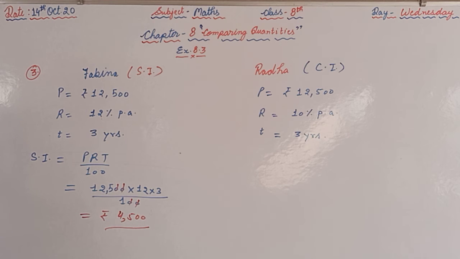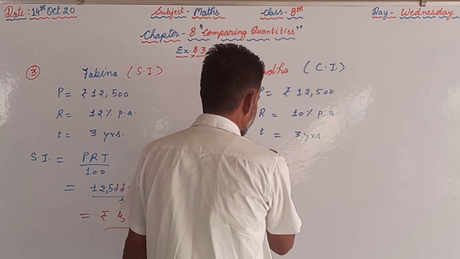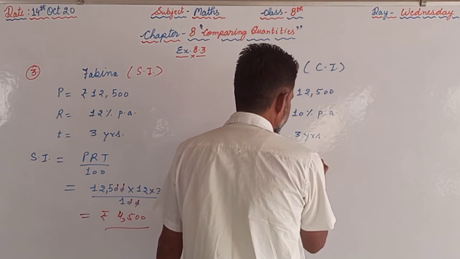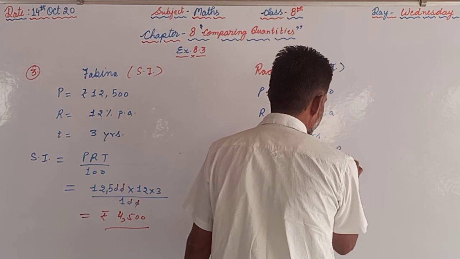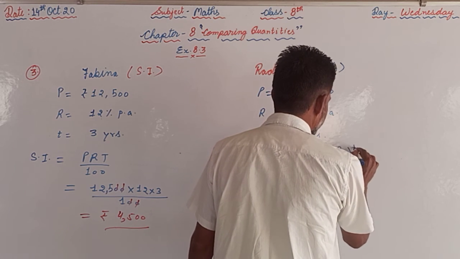So afterwards, now we are supposed to find the compound interest to be paid by Radha. For that, first of all, we are supposed to find the amount. Amount will be A is equal to P into 1 plus R upon 100 raised to power n.